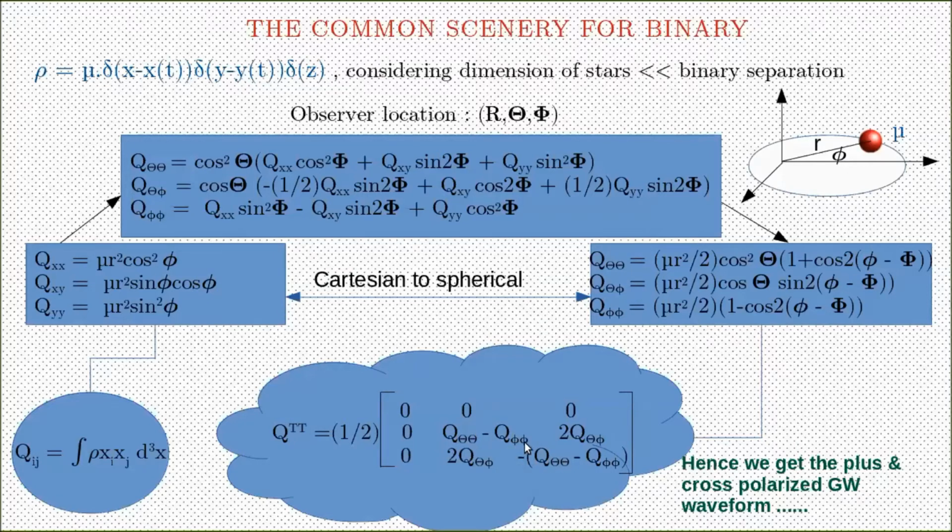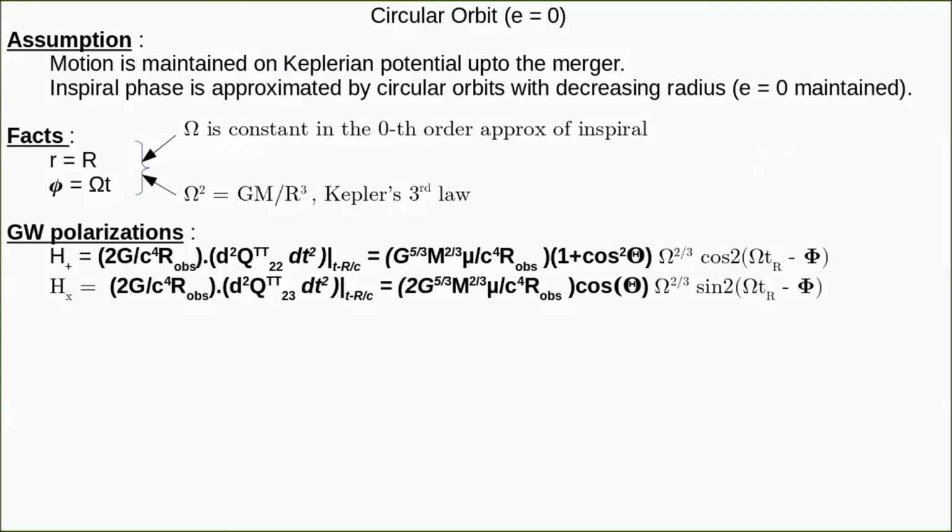The corresponding h for this quantity is called the plus polarized component of the GW waveform, and the h corresponding to these two quantities is called the cross polarized GW waveform. So now we have to determine this plus and cross polarized GW amplitude, that is h plus and h cross, for the circular and elliptical binary.